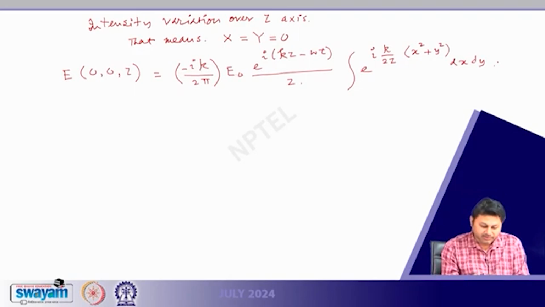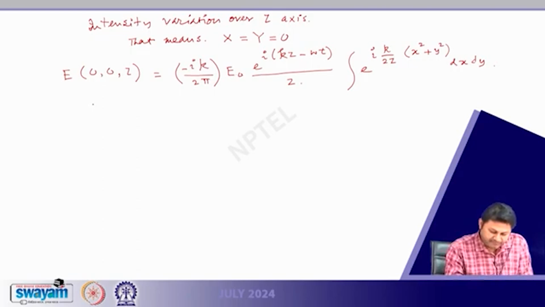Now, for circular symmetry we have a few advantages. That was the aperture we had. Over the aperture, the x, y point we can write with this angle phi and this rho.